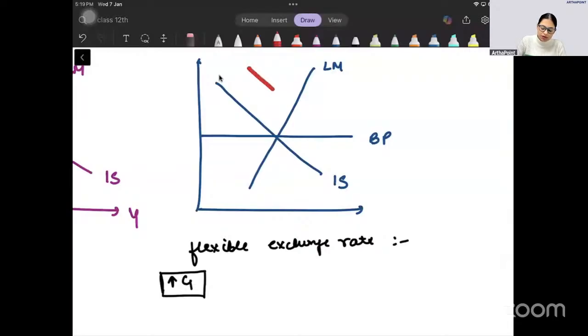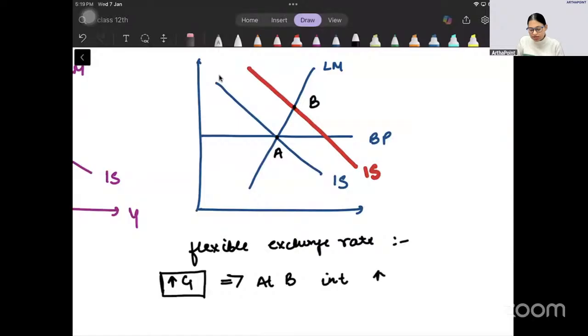The IS curve will shift rightwards. We will move from point A to point B. At point B, the interest rate has increased.